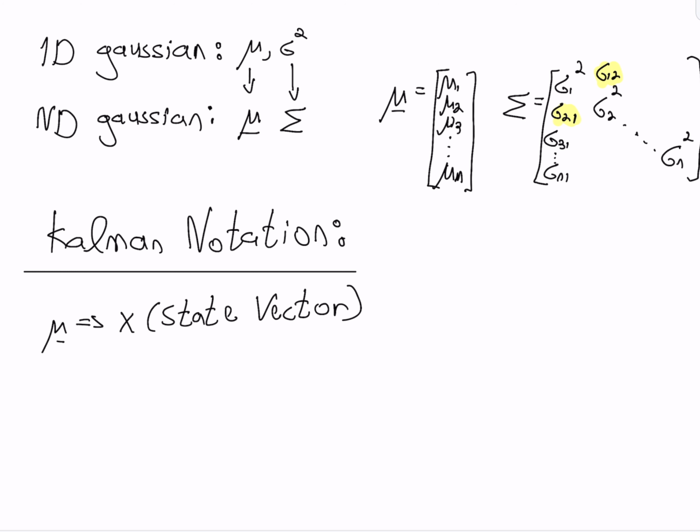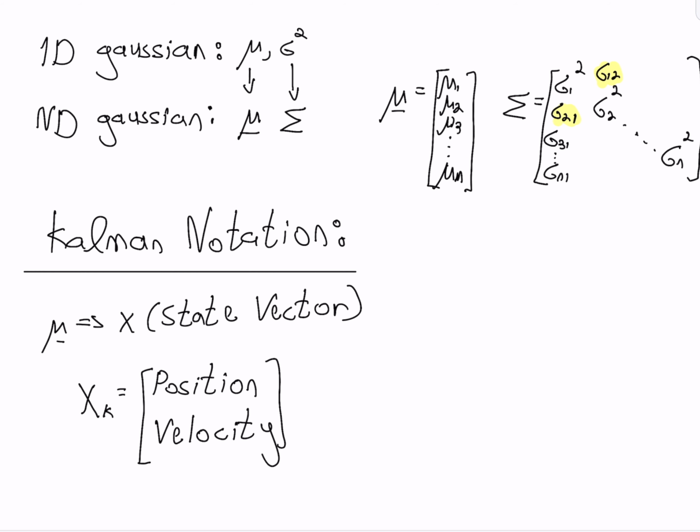For example, we can say that x at point k equals position and velocity. Here we have a Kalman filter whose state vector contains two parameters, position and velocity. In the same sense, it could have also contained four parameters: x position, y position, x velocity, y velocity. This is called the state vector.